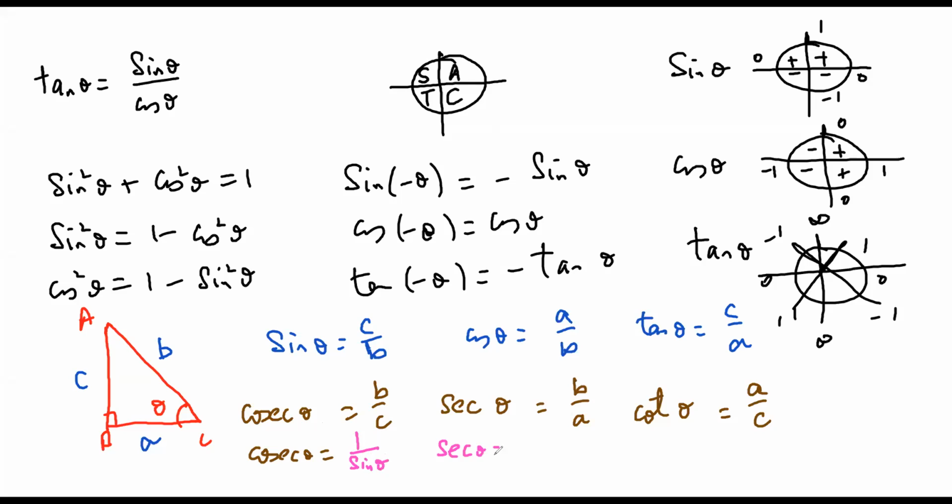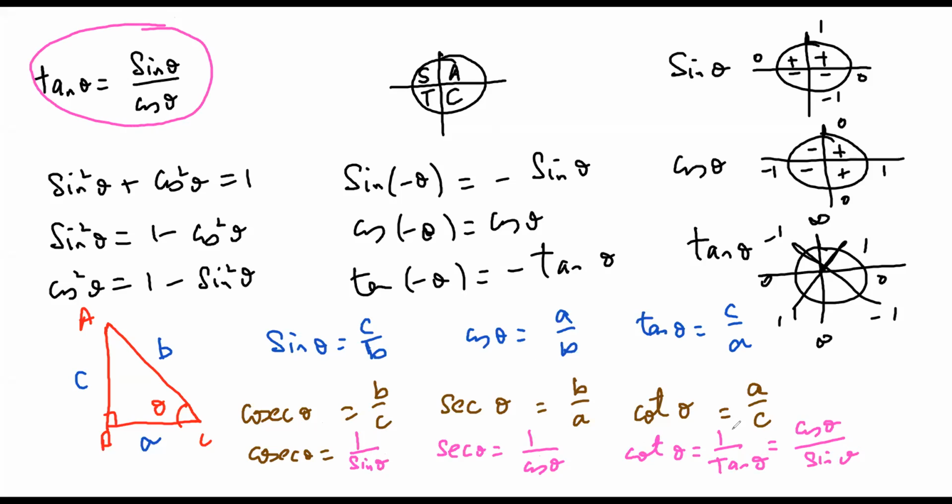This secant theta is 1 over cos theta. And this cotangent theta is going to be 1 over tan theta. You can also say that this is cos theta over sine theta. As you see here, your tan is sine theta over cos theta. So the cotangent theta would be its reciprocal.